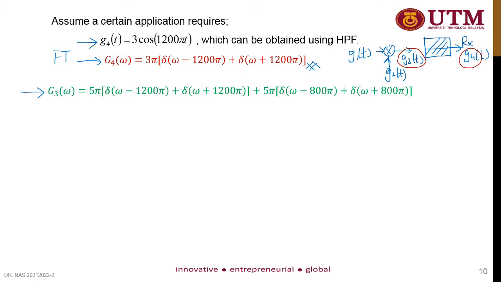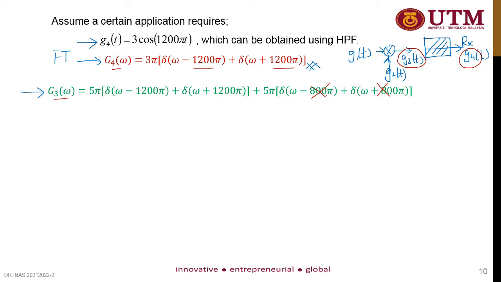If you compare G4 and G3, G4 only requires the components at negative 1200 pi and positive 1200 pi, meaning that the system doesn't require the lower frequency component.